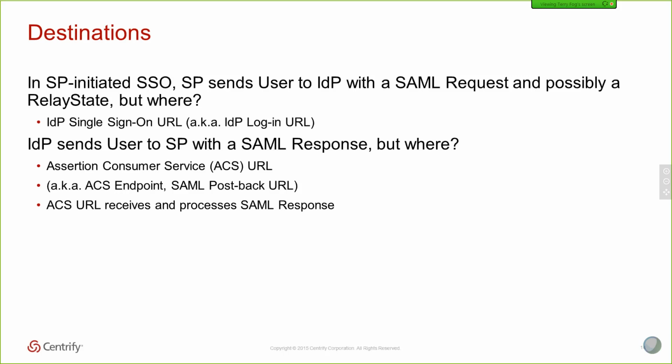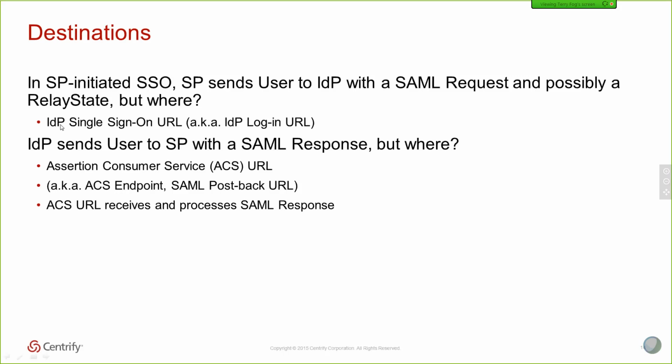It's not something we can guess. Of course, when we are desperate, we can guess, but by definition, this is not the same as the login page URL. So if we don't have this, we will have to ask the service provider, and they will either give us that, or give us an SP metadata file, which I'll talk about later, and it will be inside the metadata also.